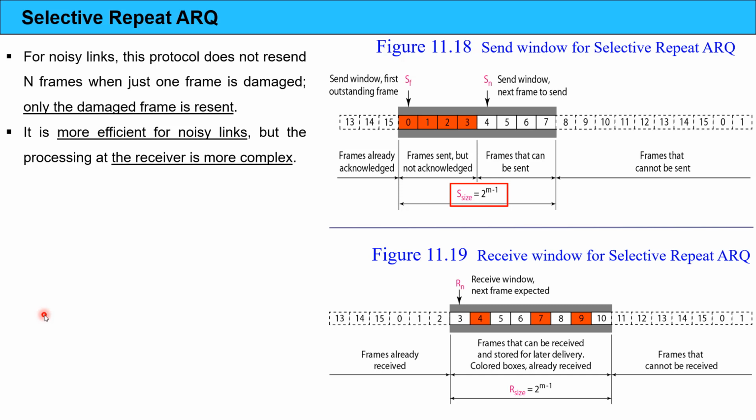Now in selective repeat it is 2 to the power m minus 1 in the exponent. So if m equals 3, it means 2 to the power 2, so the size is 4. Selective repeat is 2 to the power m minus 1 in the power, but go back n is 2 to the power m, then minus 1 after the power.